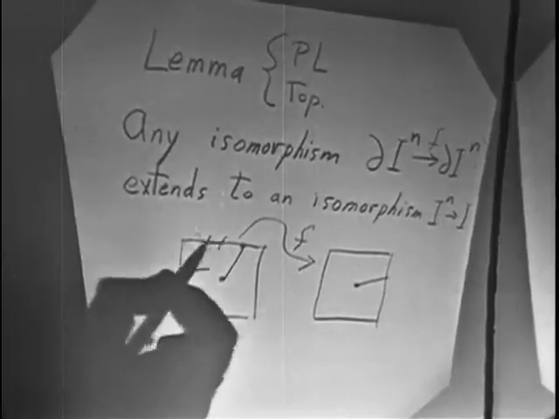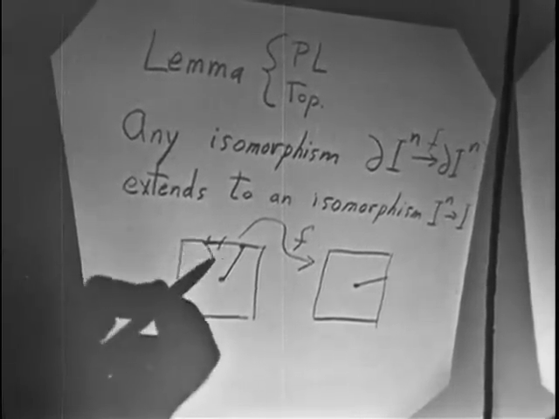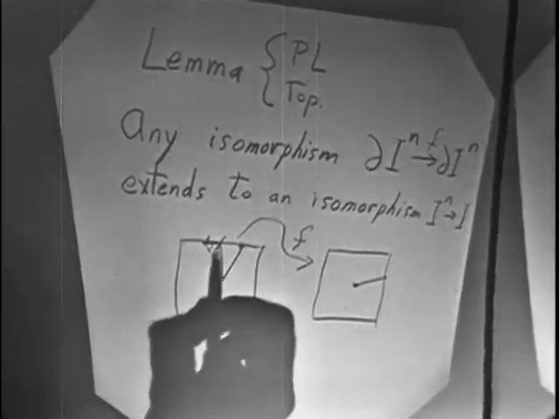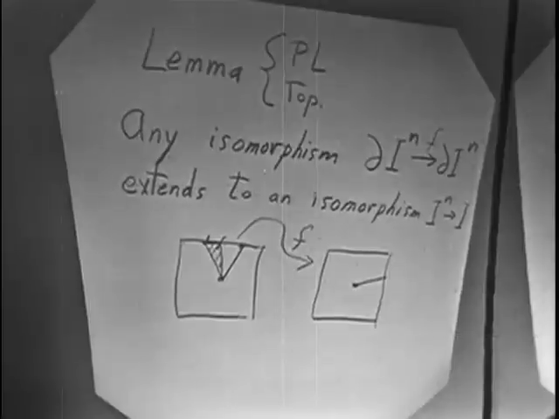And now if we have any simplex on which F is linear here, joining the simplex up to the center, we get a simplex of one dimension higher on which the extension is also linear. So the proof is almost completely trivial.